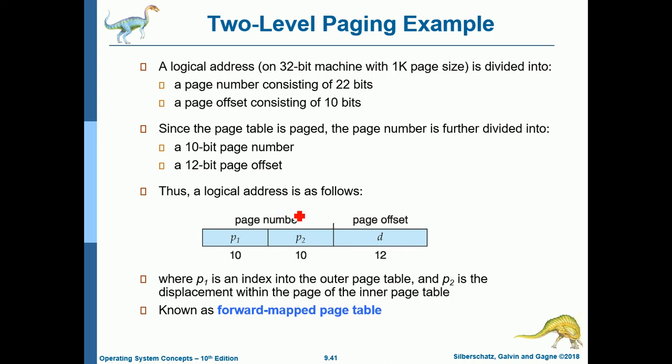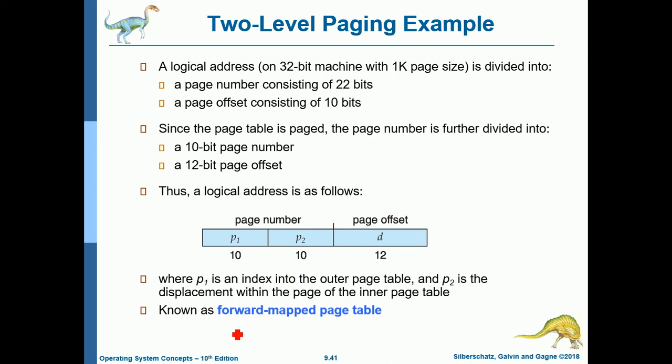So the logical address is as follows: for the page number, we have P sub 1 and P sub 2, and then the page offset of 12. So 10 plus 10 is 20, plus 12 is 32. P sub 1 is an index into the outer page table, and P sub 2 is the displacement within the page of the inner page table.